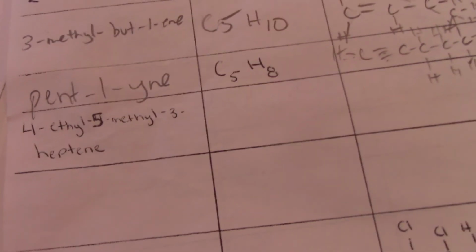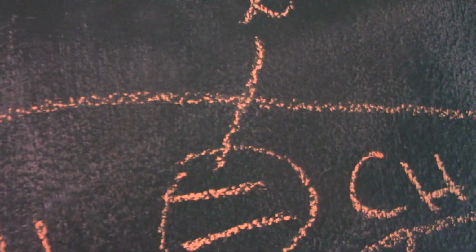Okay. Anyway, 4-ethyl, 5-methyl, 3-heptene. Let's take a look. Okay, so 4-ethyl, 5-methyl.